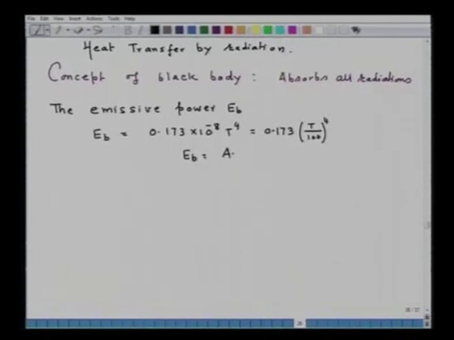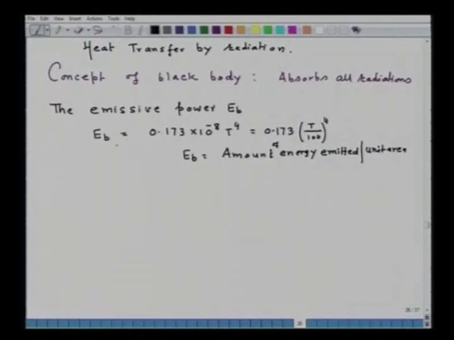So, EB is the amount of energy emitted per unit area and per unit time. That is, in fact, a flux.